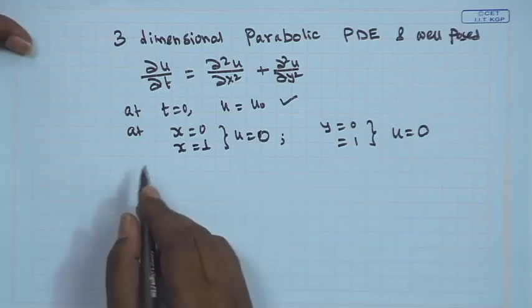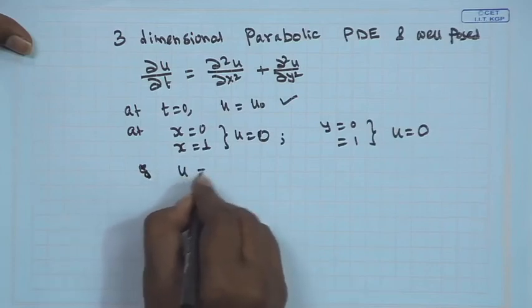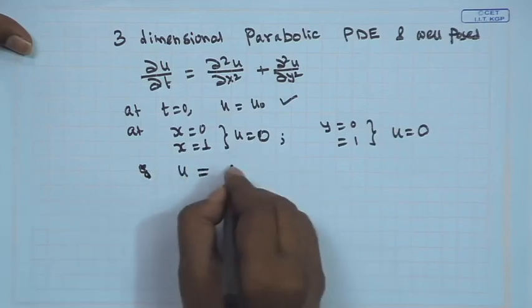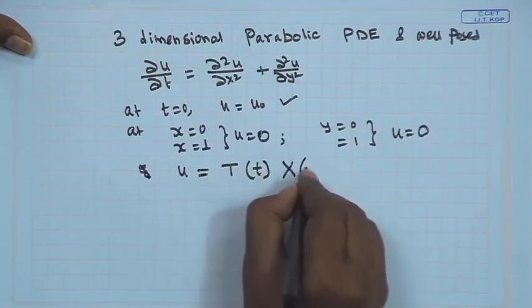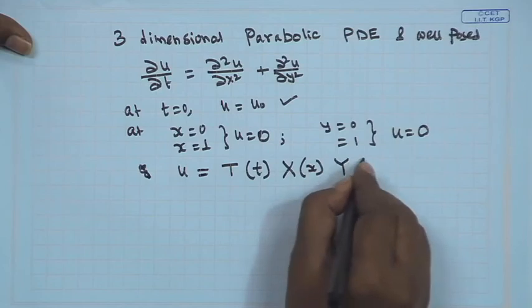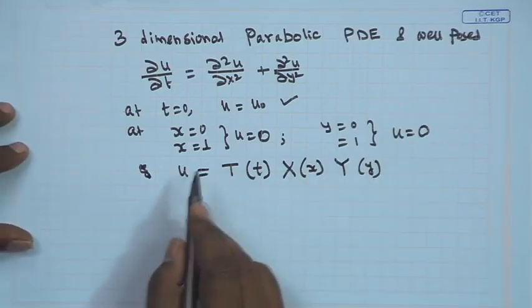So again we will go for a separation of variables type of solution, and we assume that the complete solution u is a product of 3 functions. One is entirely a function of time, another is entirely a function of x, and the third one is entirely a function of y. So we substitute this in the governing equation.